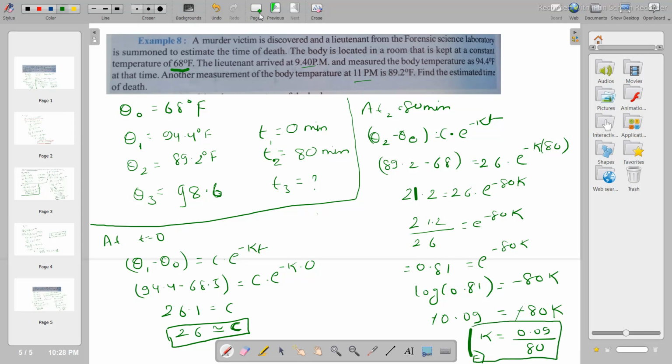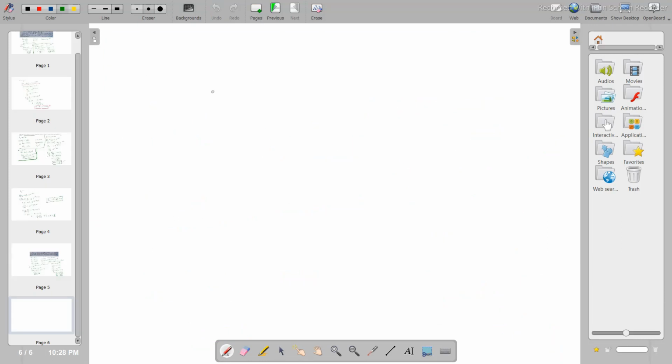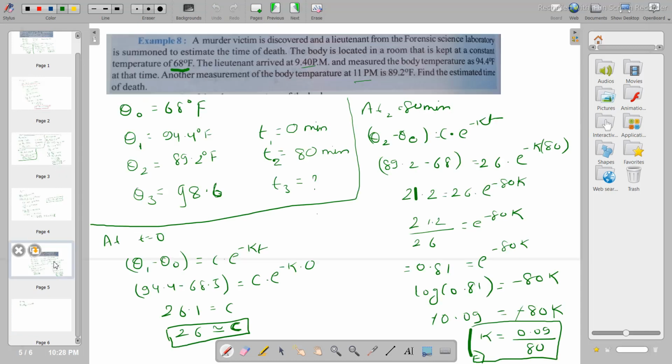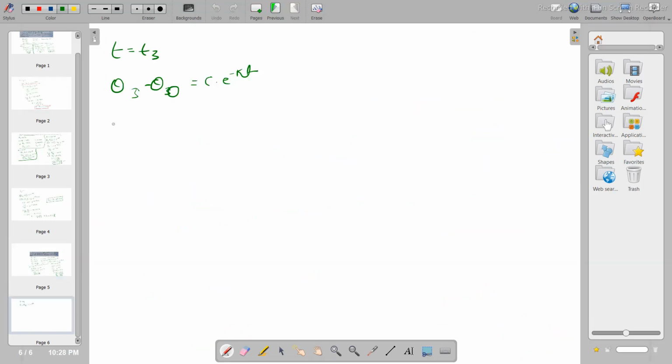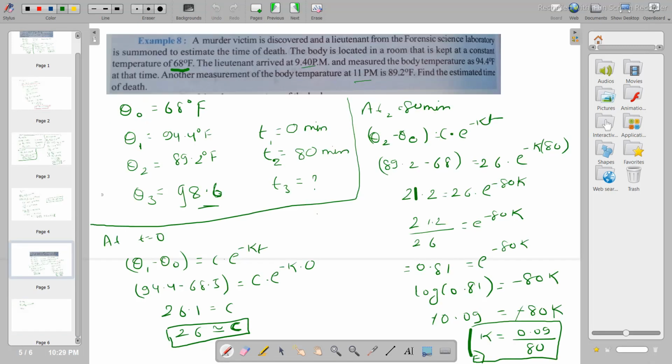Now, moving ahead. Now we will come to theta 3 at t is equal to t. We again have the formula theta 3 minus theta naught is equal to c e power minus kt. What is the value of theta 3? It's 98.6, the normal body temperature. Theta naught is 68 degrees Fahrenheit.